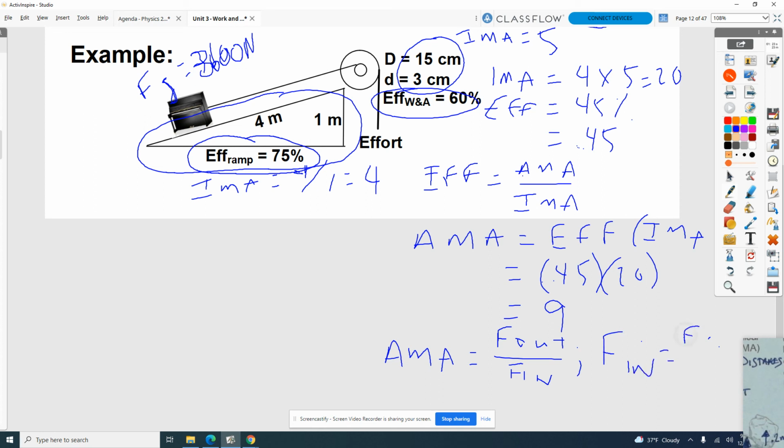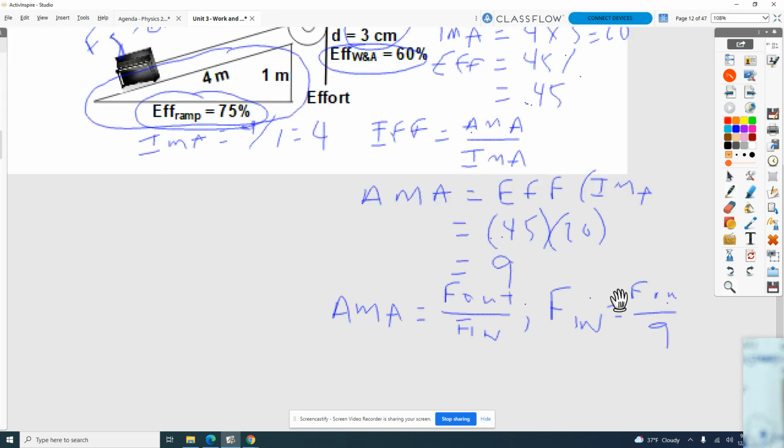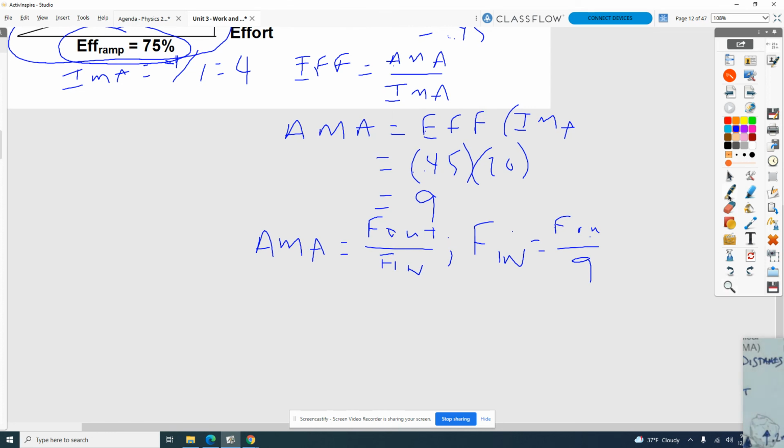That would be F out over 9. And sure enough, if that thing has a weight of 3,600 newtons, then I'd only have to exert about 400 newtons to be able to move that thing up that incline. And that's because of that compound machine that's there to help you make work easier to accomplish.